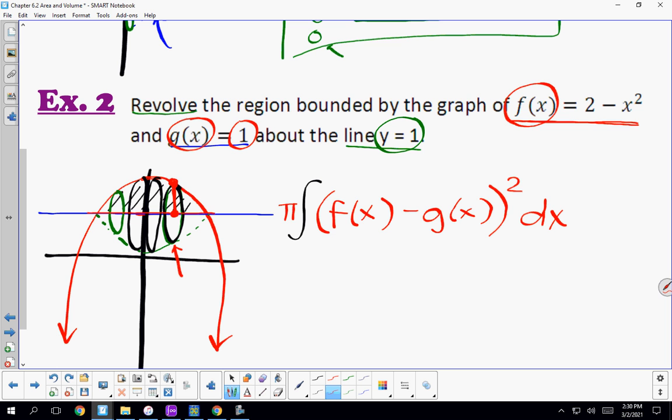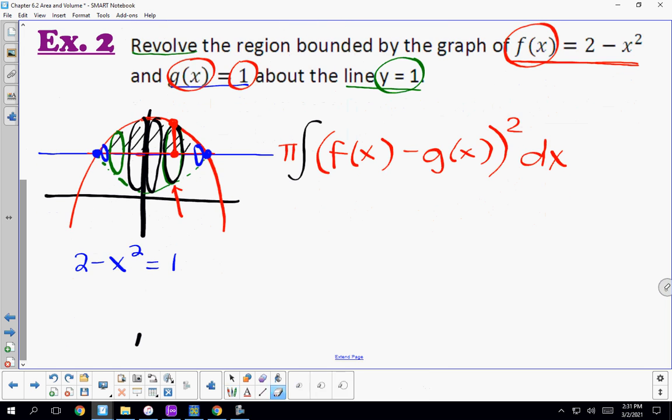With respect to x. And I can come back over here to my picture and see that my first circle starts here where they cross, and my last circle is going to be out here where they cross. So I do need to figure out where these two cross. And just like before, we're going to find that by setting the functions equal to one another. So 2 minus x squared, I want to know when that's equal to 1. If I solve this, I can subtract 1 to the other side, or I can take everything to the right just to make it positive.